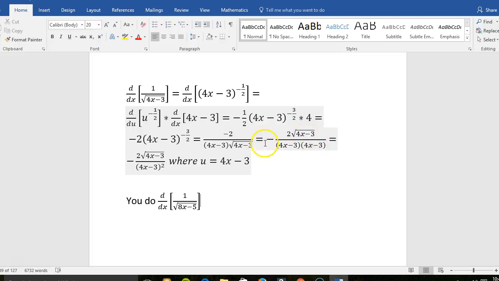And so this is by algebra 2. So what I get is negative 2 times radical over, now if you multiply somebody by himself, that's just somebody squared. So 4x minus 3 times himself is just 4x minus 3 squared. You'll need the parentheses because you're squaring the whole thing. But otherwise that's it. Again, what I did was I stuck a radical up here. I multiplied negative 2 times the square root of 4x minus 3.